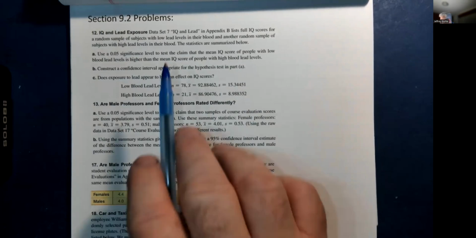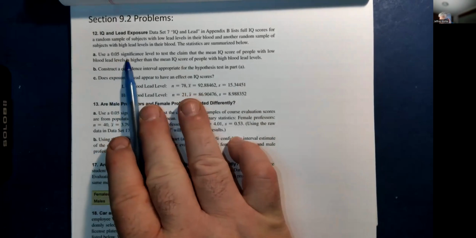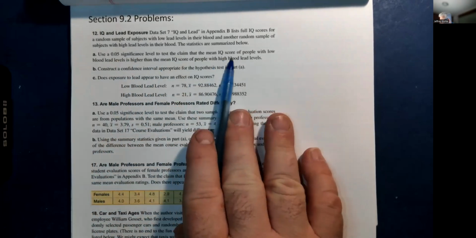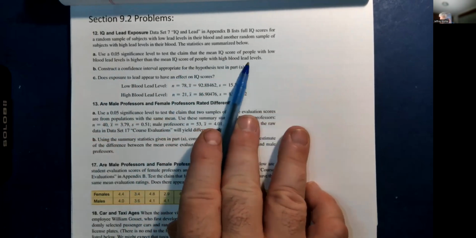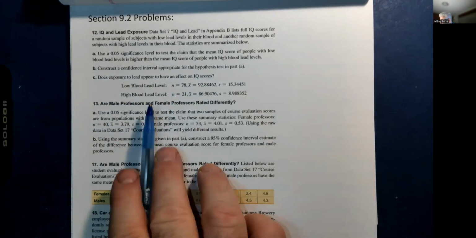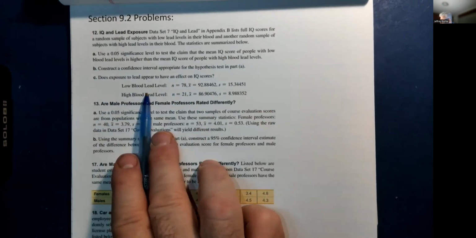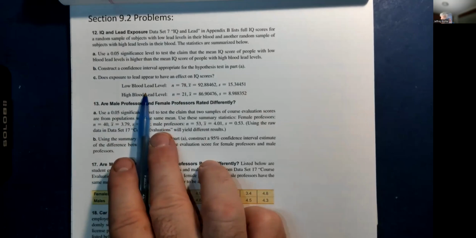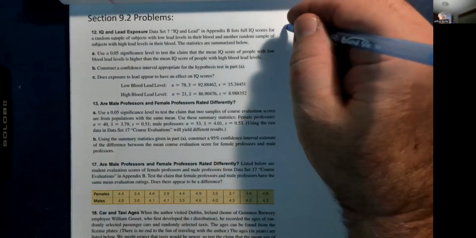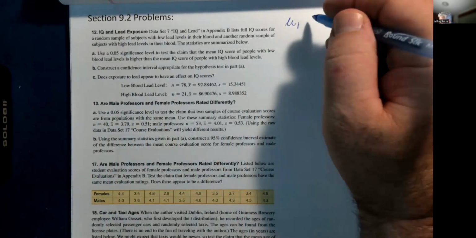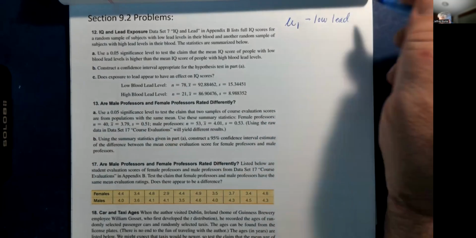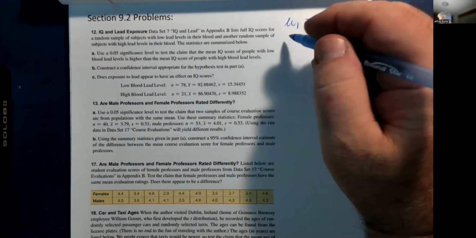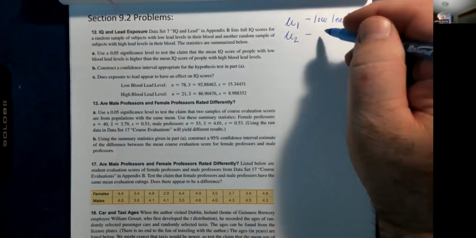It says here, use a 5% significance level to test the claim that the mean IQ score of people with low lead levels is higher than the mean IQ score of people with high lead levels. So we're going to say mu 1 is low lead and mu 2 is high lead.